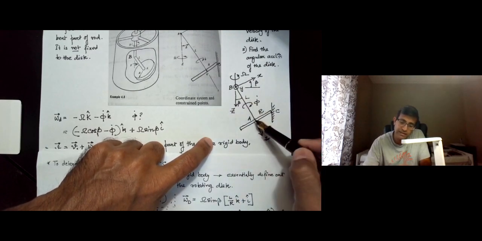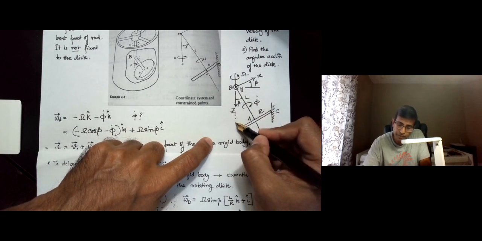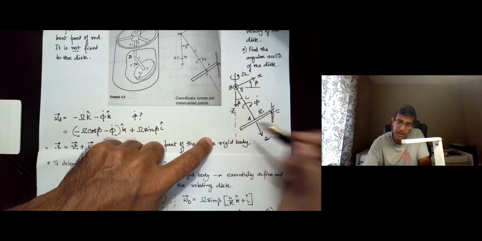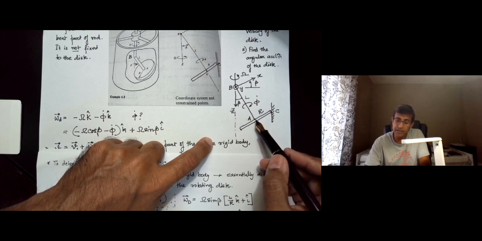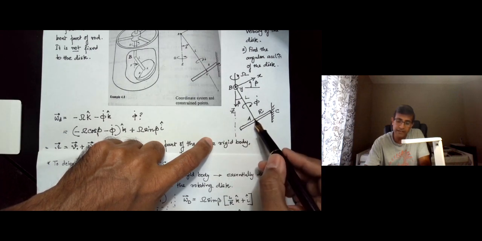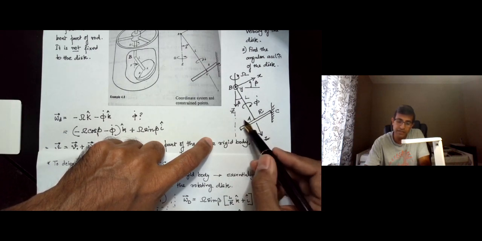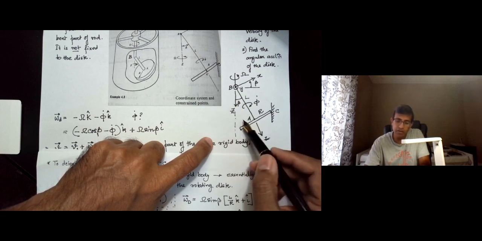Capital L sine beta is this distance from the point A to the vertical axis. So capital L sine beta times omega is the linear velocity of the point A, and it is going in a circle with a constant velocity. So its acceleration is just a centripetal acceleration directed towards this axis, in the horizontal direction.